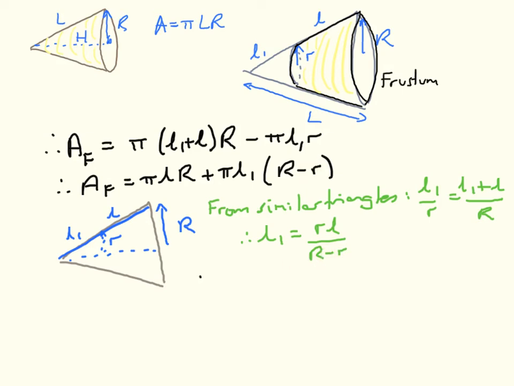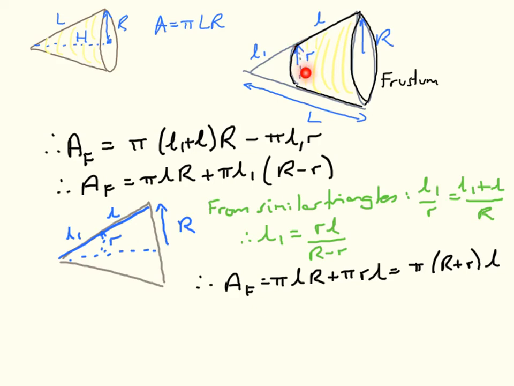So what we see is that the area of the frustum is pi L r plus pi little r times L. So this is pi, and it's now capital R plus little r all times L. And this formula for the area of a frustum is much more appealing than this one, and it purely depends on lengths in the frustum.